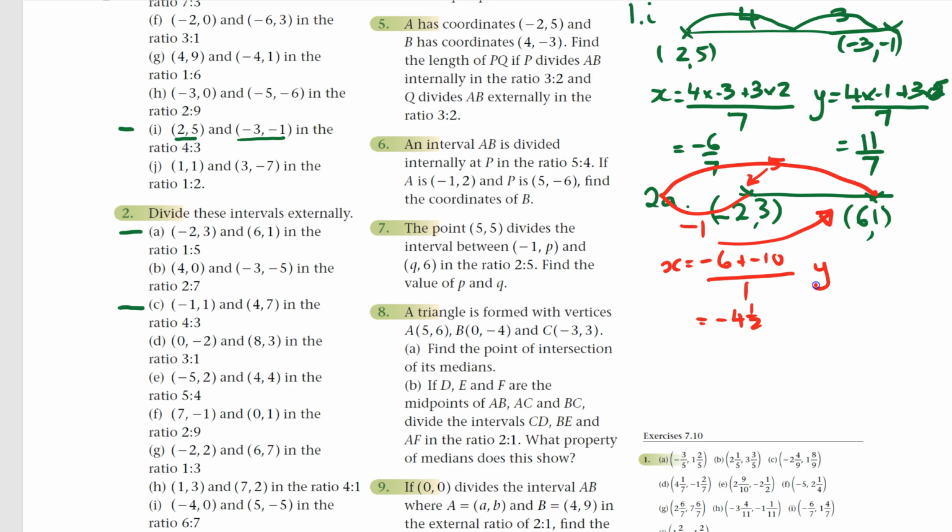And my y value is going to be minus 1 times 1 plus 5 times 3 over 4. So we've got 14 on 4, which is going to be 3.5.